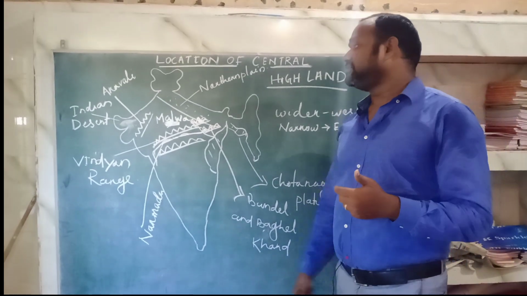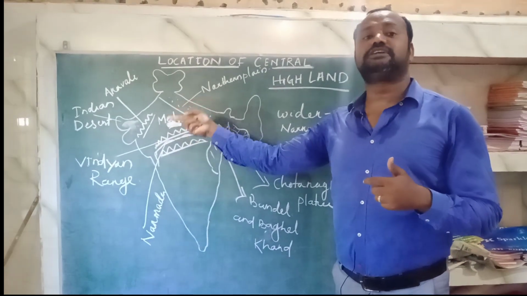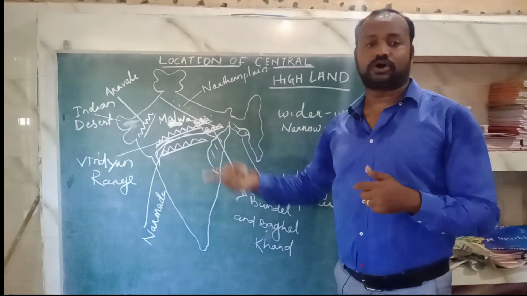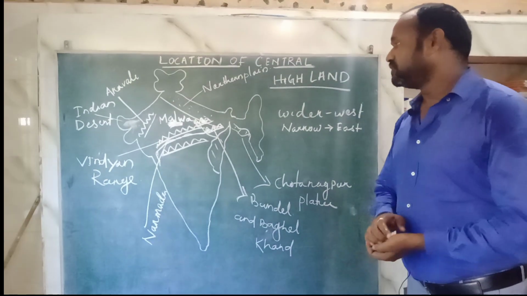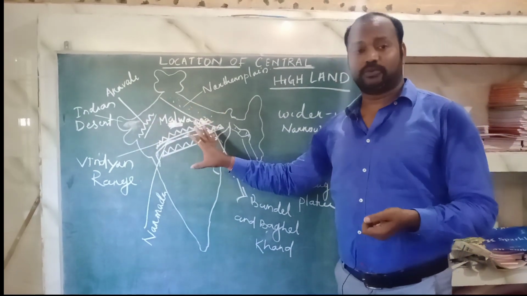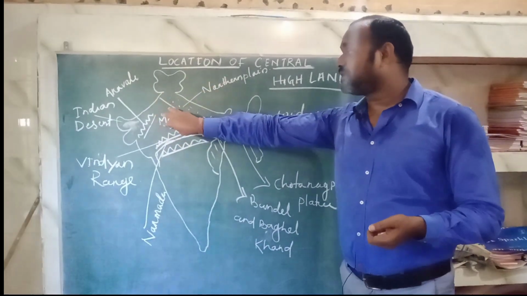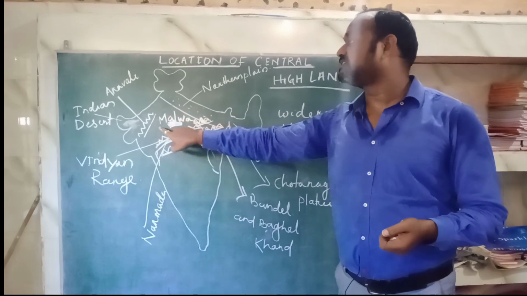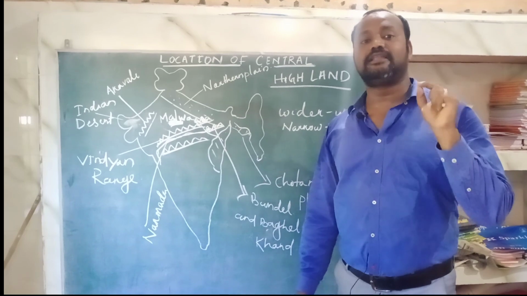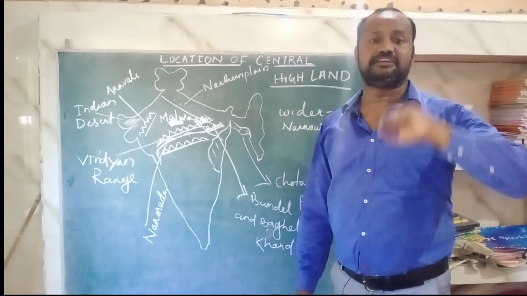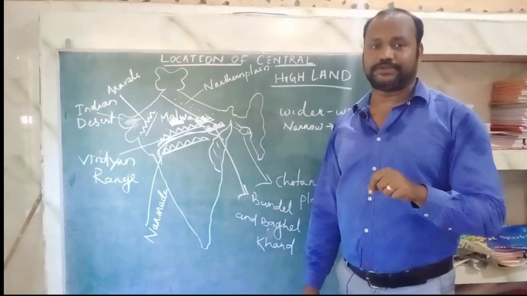In the north of the Central Highland we have the northern plain. This is all about the location, and the central part of Central Highland is known as the Malwa Plateau.